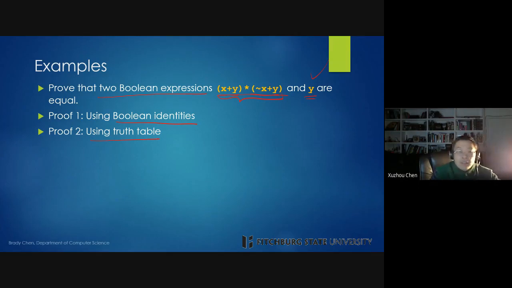To prove this using the Boolean identities, what's the easiest way to do this? Which particular law can you apply in this case?